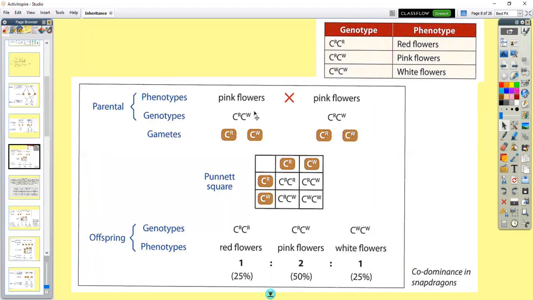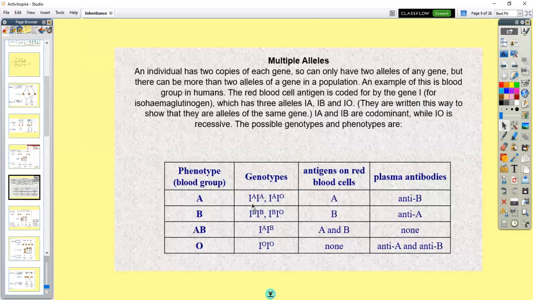Okay, so if you cross two heterozygotes, a pink CRCW with another pink CRCW, it gives you all three genotypes. You have your red CRCR, you have two heterozygotes which are pink, and you have your CWCW, which is 1. So that gives you a 1:2:1 ratio.